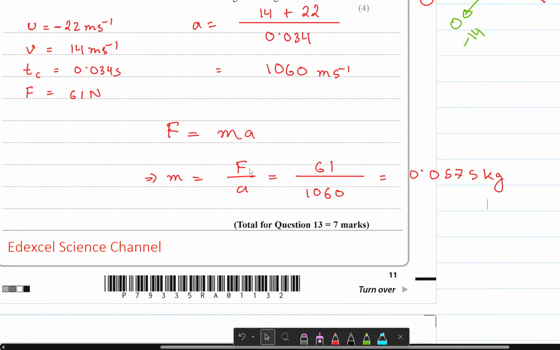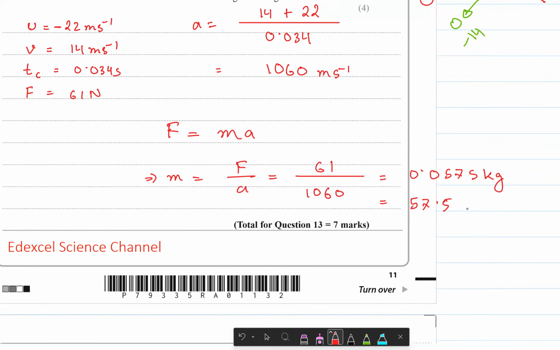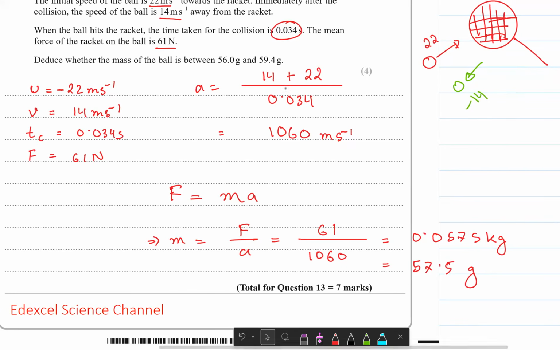However, I am going to convert it to grams, so it should be 57.5 grams. They said that it needs to be between 56 and 59.4, so you have to write a statement which carries 1 mark that yes, the mass is between 56 and 59.4. You have to write it, otherwise you won't get that mark.